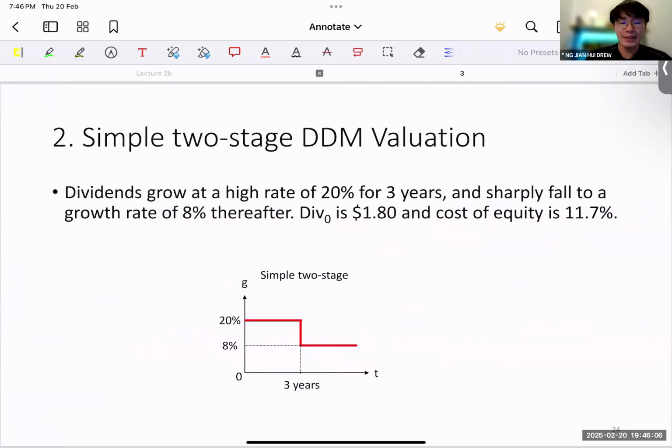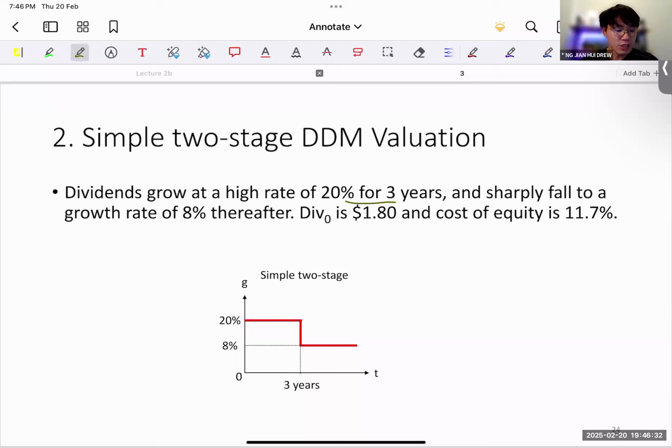All right. So now the next model is our 2 stage. We have done 1 stage, which covered the no growth and the stable growth. And now we do the 2 stage model. So in the 2 stage model, how do we do it? Imagine that your dividends is growing at 20% for 3 years.